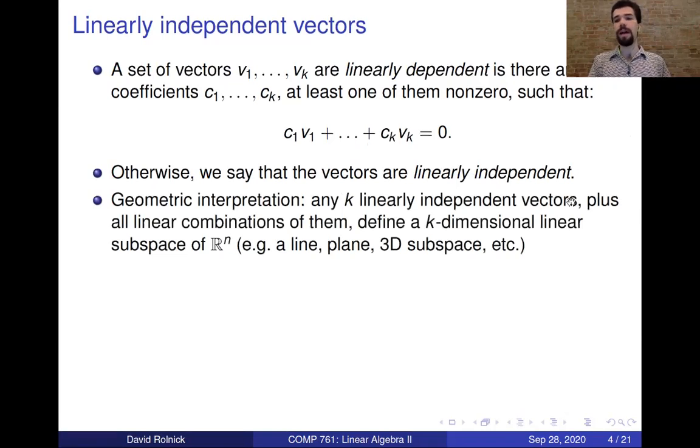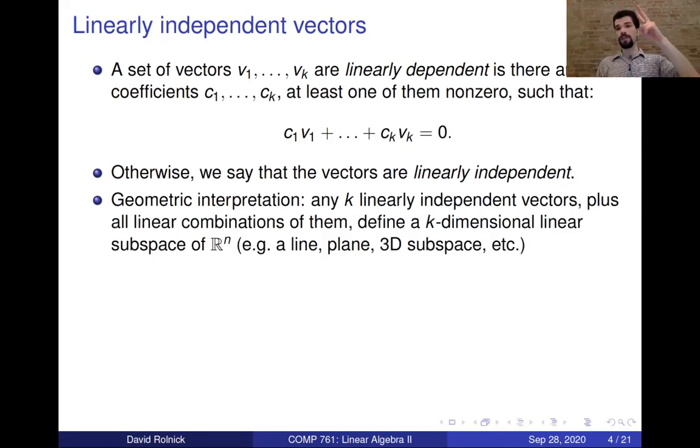And linearly independent vectors are super important. There's a geometric interpretation of this, which is if you have some k linearly independent vectors, then they're going to define a k-dimensional linear subspace. I realize this is really hard to visualize in higher dimensions, so let's think about it first in 3 dimensions. In 3 dimensions, if you have one vector, it is linearly independent with itself, sort of. So that one vector and all scalings of it are a line through the origin.